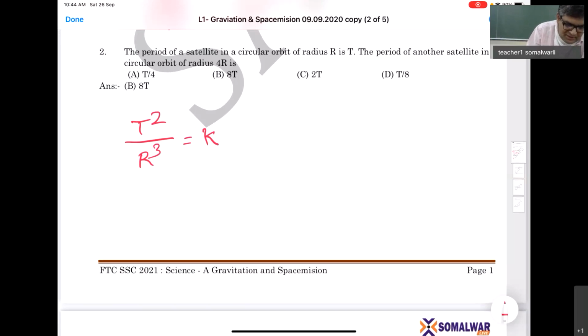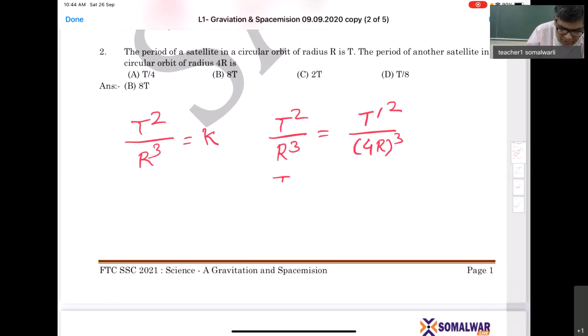Now what happens if this radius becomes 4r? Then t square upon r cube is equal to t dash square, that is the new period of revolution when the radius of the orbit becomes 4 times its original radius, that is 4r, divided by 4r whole cube. Now if we simplify this, t square upon r cube is equal to t dash square divided by 64 r cube.